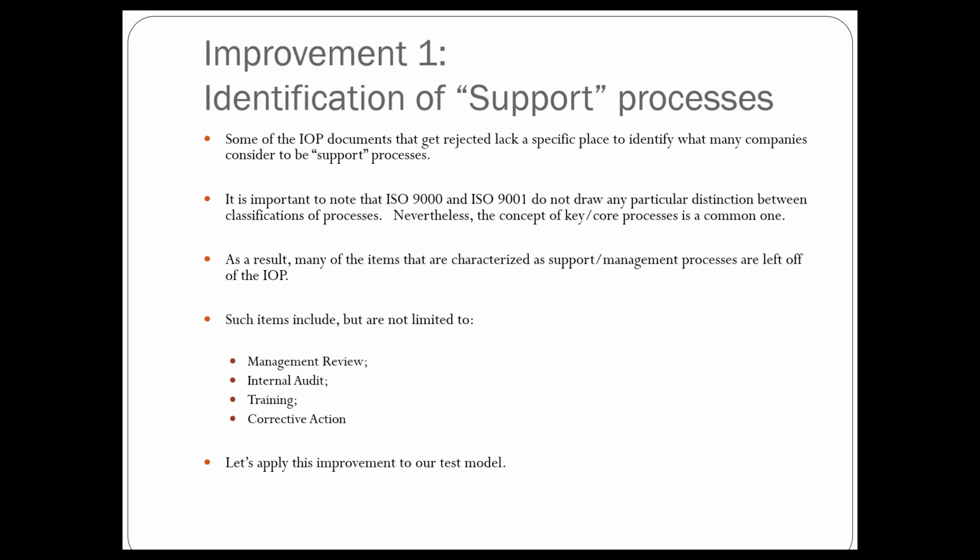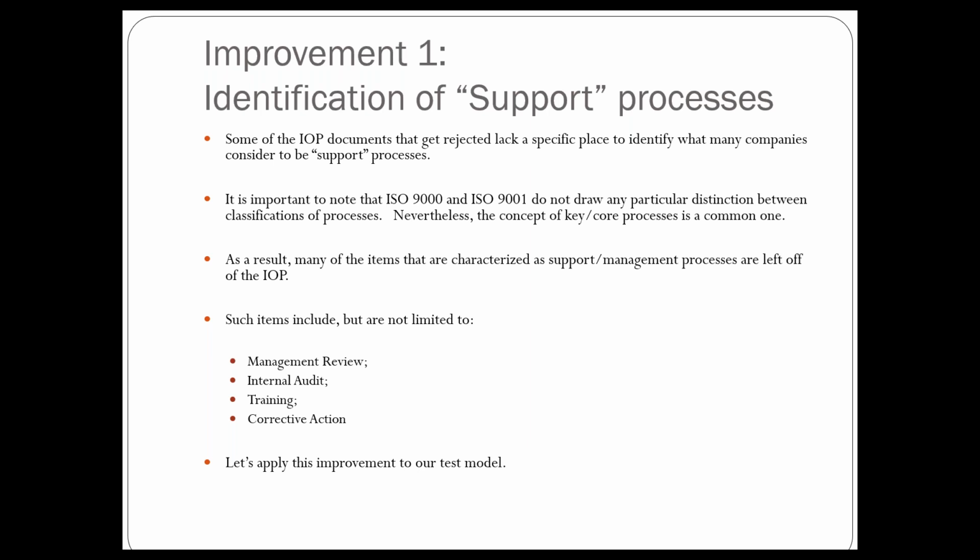So the first thing we're going to do is identify support processes. And this is something else that we've seen in some of the IOP documents that get rejected. There's no identification of what the support areas are. Now, bear in mind, ISO 9000, 9001, they don't draw any particular distinction as far as classification of processes, but this is something that we see a lot.